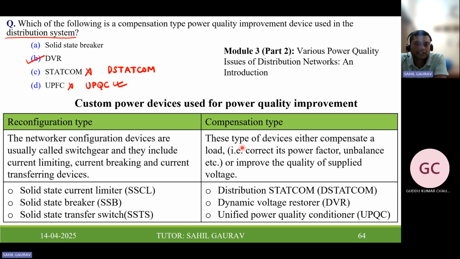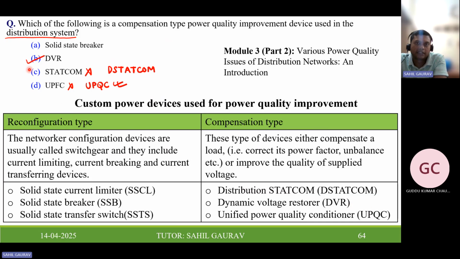For compensation type, these devices either compensate a load or improve the quality of supplied voltage. These are the distribution STATCOM, dynamic voltage restorer, and unified power quality conditioner. The unified power quality conditioner is a combination of both DSTATCOM and DVR.